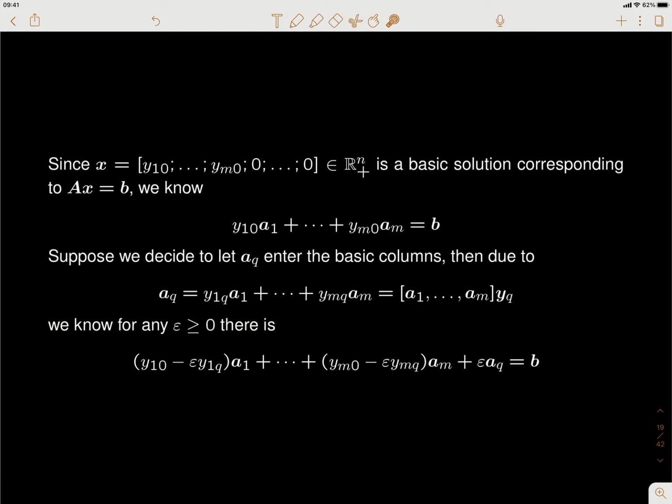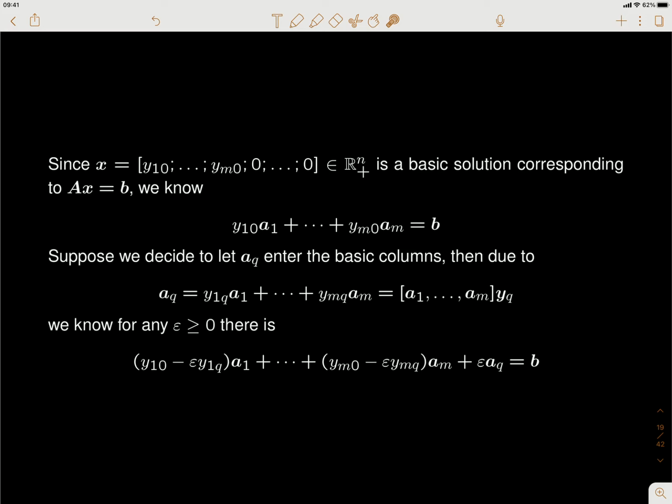So now let's see which one we should delete and which one we should replace. First recall that the solution x is essentially just the basic feasible point that we already have right now. It's a basic solution, and it solves Ax = b. So that means when I multiply A to this vector, I will get b.